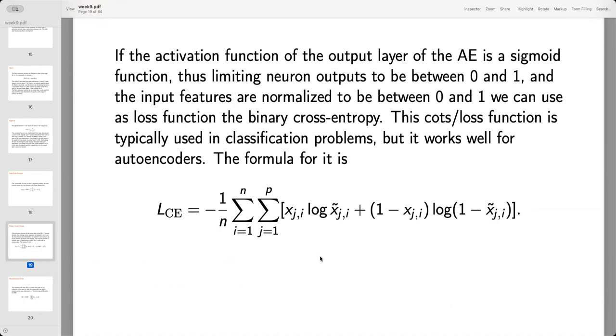So what I wanted to do now is to link what we have with the PCA, the principal component analysis.